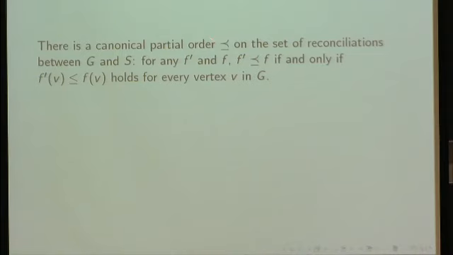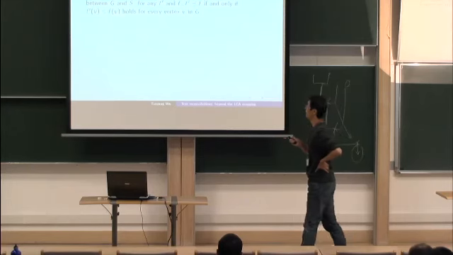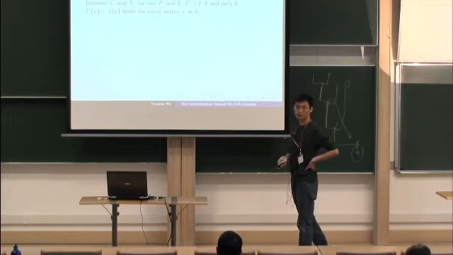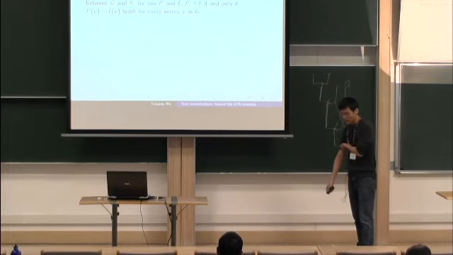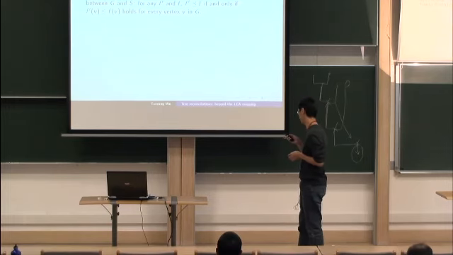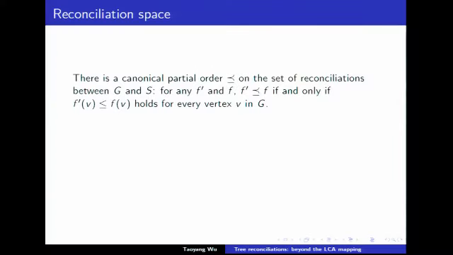We say a reconciliation F' is lower than F if and only if, on each vertex V, F'V is below FV. This is quite a natural order induced by the poset structure on the species tree.